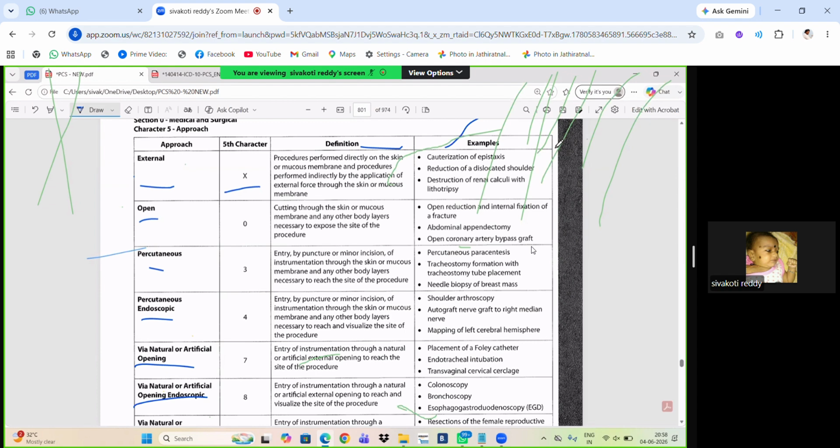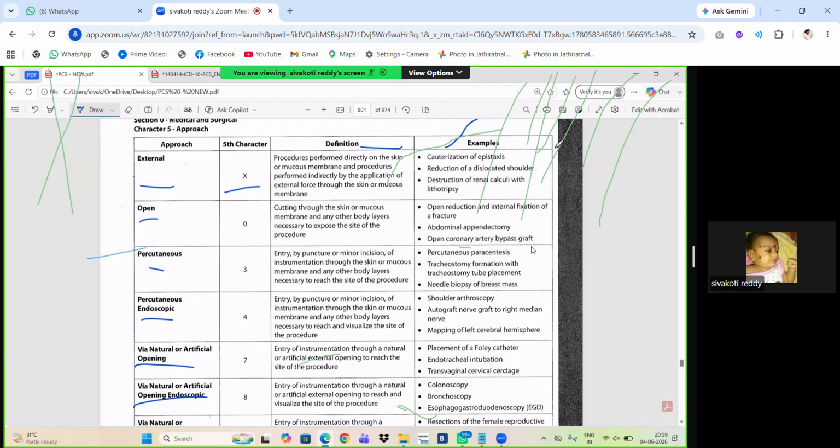It should be external approach. Like closed reductions: from outside they put a splint or cast and reduce the fracture. Or skin level laceration repair, skin level debridements. Any procedure performed on the visible part in the mouth, after opening your mouth, should also be external.